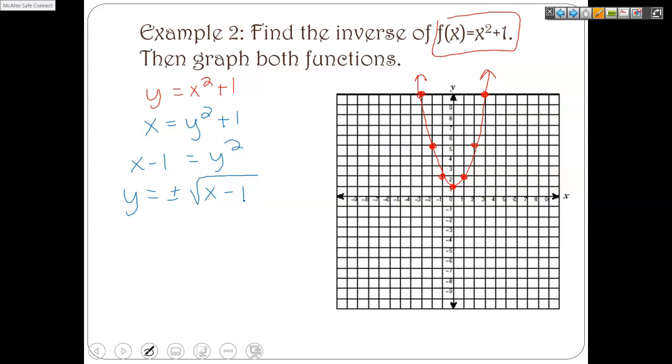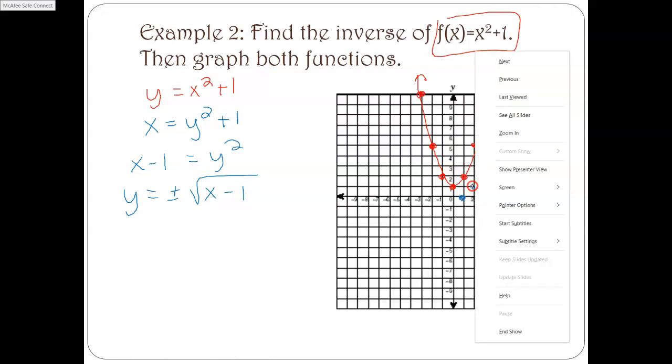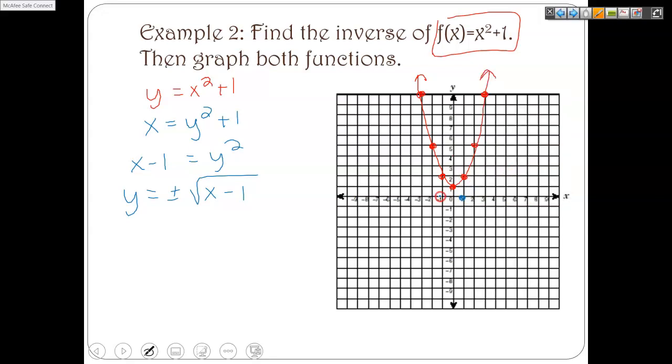What do you know about inverses? We know that their points are reflections, right? So if this is the point 0, 1, then its inverse contains the point 1, 0. If this is 1, 2, the inverse contains 2, 1. Negative 1, 2 means the inverse contains 2, negative 1. So you don't actually have to know how to graph square roots yet, because you can just take all your points and invert them.